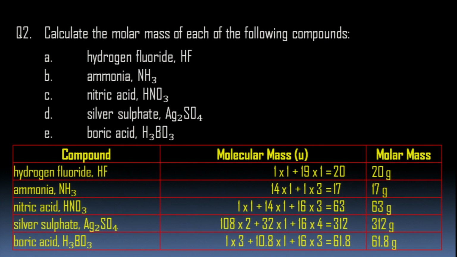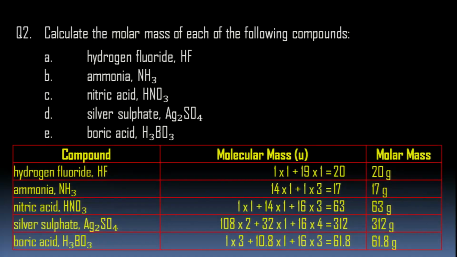Similarly, silver sulfate, Ag2SO4. 2 atoms of silver. Atomic mass of silver is 108 u. 2 atoms means 108 into 2. Sulfur 1, 32 into 1. O4, 4 into 16. And it comes out to be 312 grams. You also do it on your notebook so that you can compare this value.